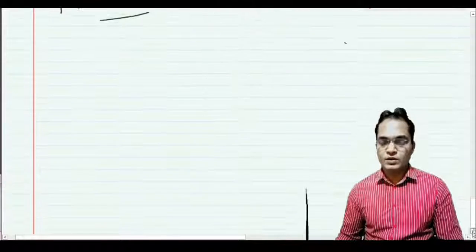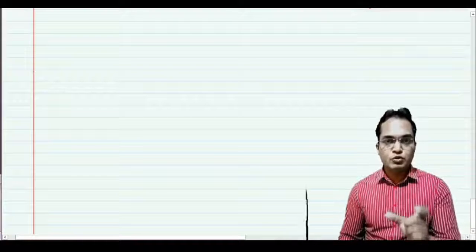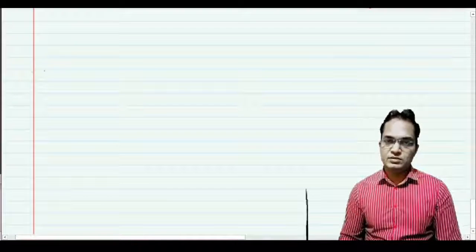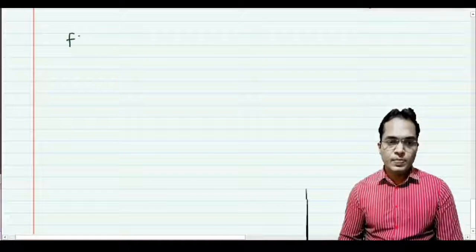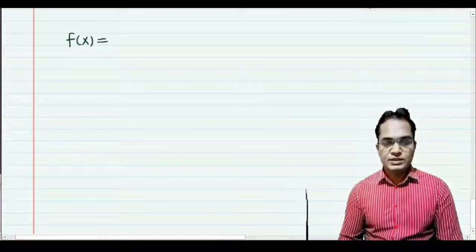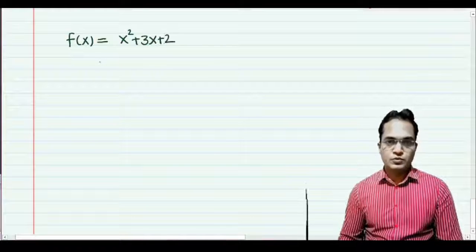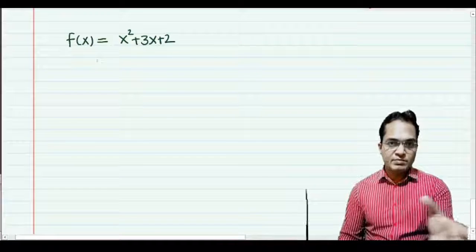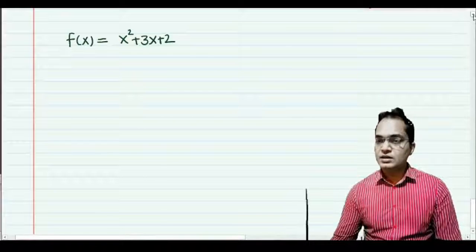Okay. Now, in the previous video, we have studied the zeros of the polynomial. What is the meaning of zeros? As we know, for f(x) = x² + 3x + 2, this example was given on the previous slide.